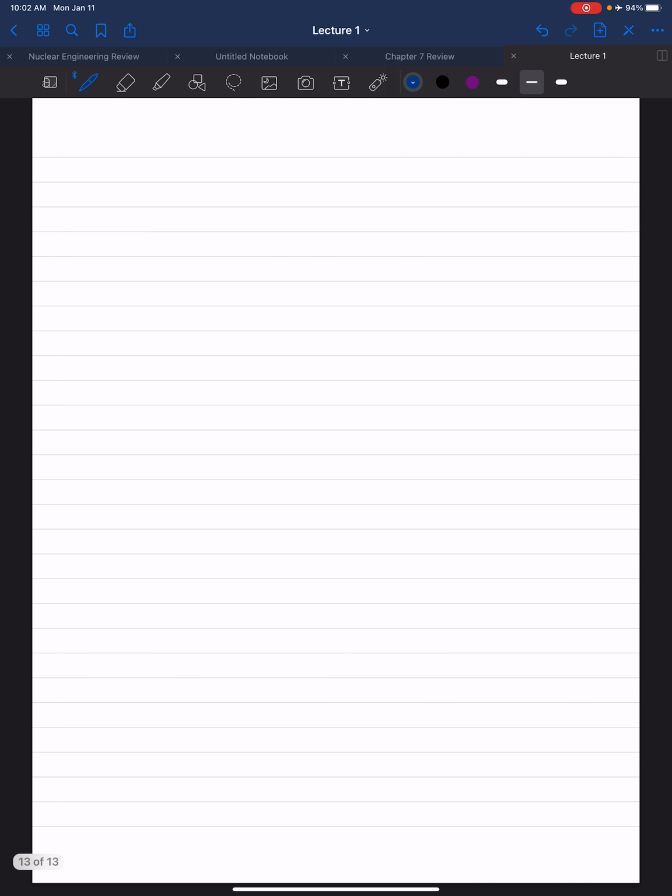Let's take a look at another problem. Problem 7-8 on page 323. The beam supports the distributed loading.